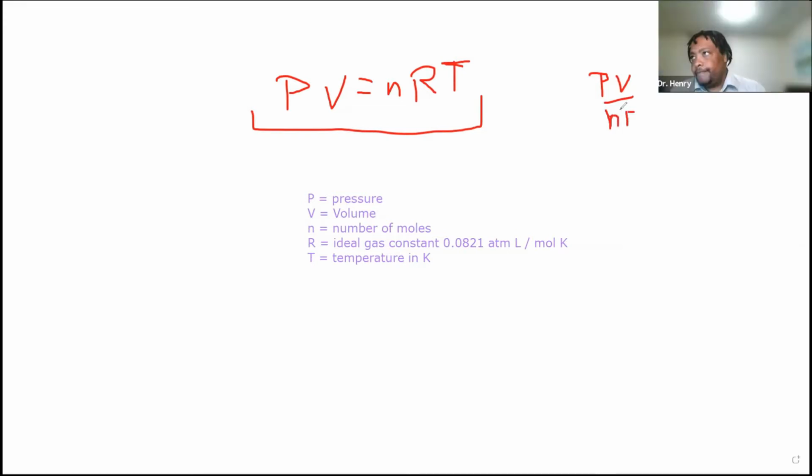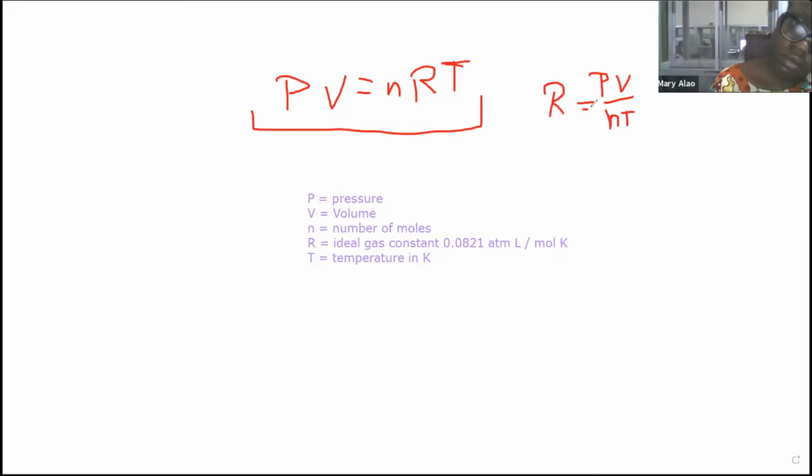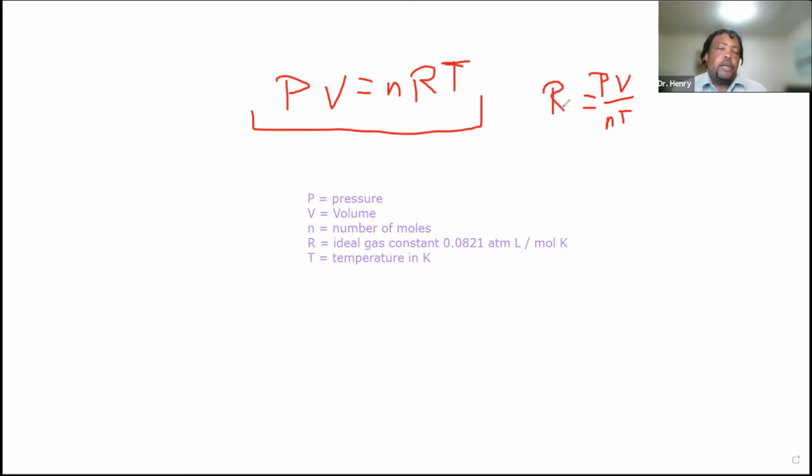We can solve for R, and we know that R is a constant.